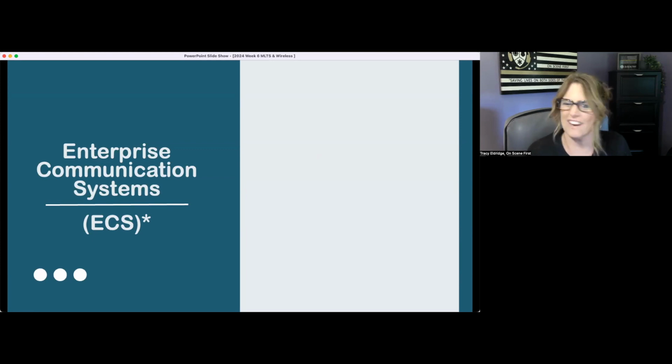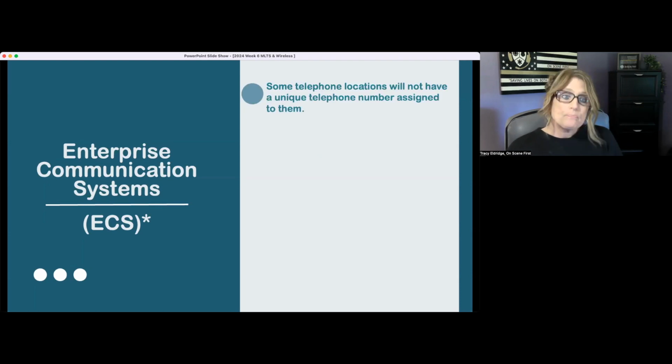I never quite understood that. He would always say, an enterprise, an enterprise. It wasn't until I had to figure out what this abbreviation was that I realized the reason he was calling it an enterprise is because that's what it actually is. An MLTS as a whole is called an enterprise communication system, right? So, ECS.